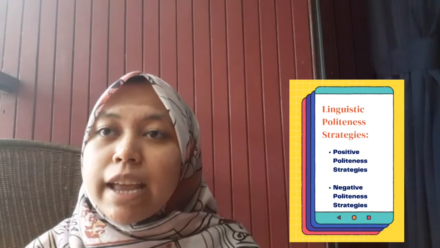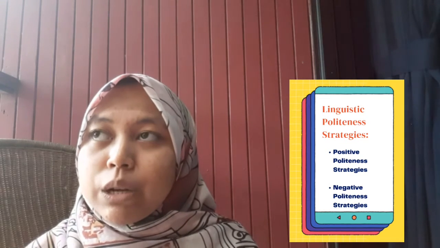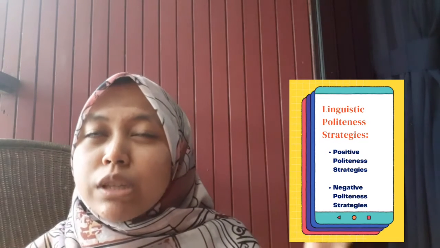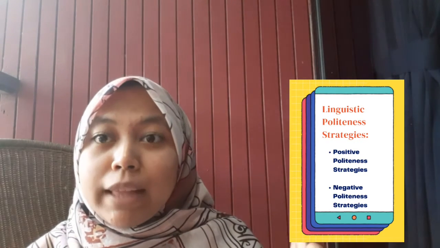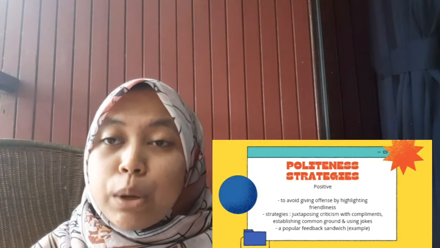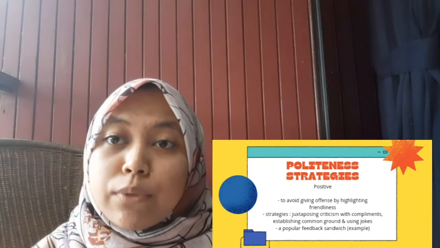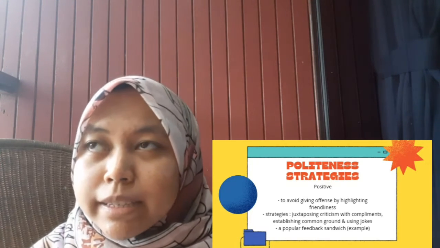Therefore, there are two common strategies that can be used to tackle these problems with the theories. These two common strategies are known as positive politeness strategies and negative politeness strategies. First, positive politeness strategies are intended to avoid giving offense by highlighting friendliness.